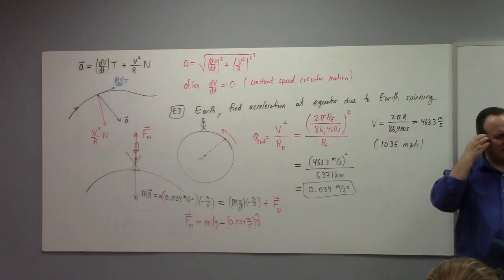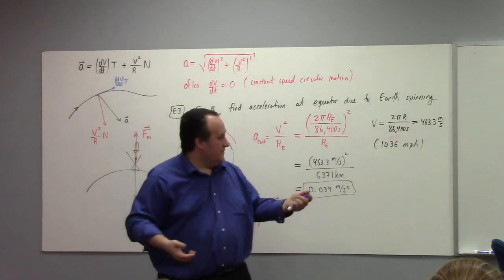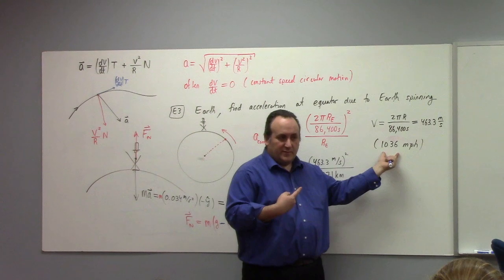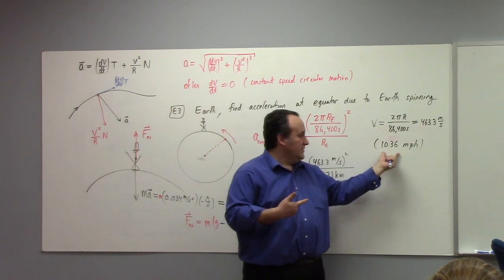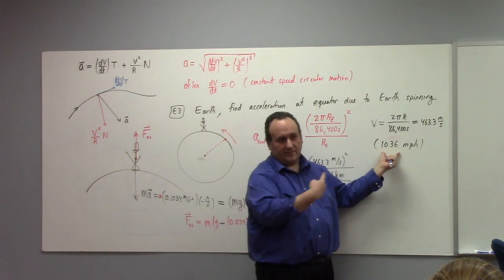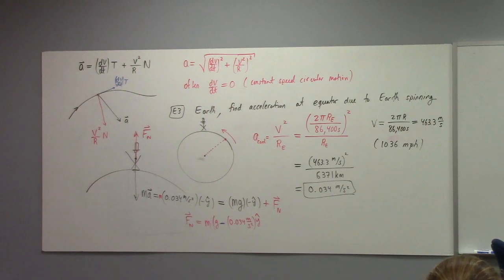What, 25,000 miles? I forget. It's a lot, right? It's about 1,000 miles per hour, 24 hours. So it's about 24,000 plus miles around the circumference of the equator. So you're going that whole distance in one Earth day.